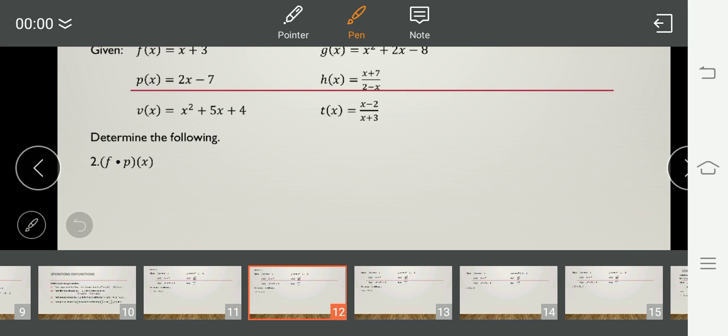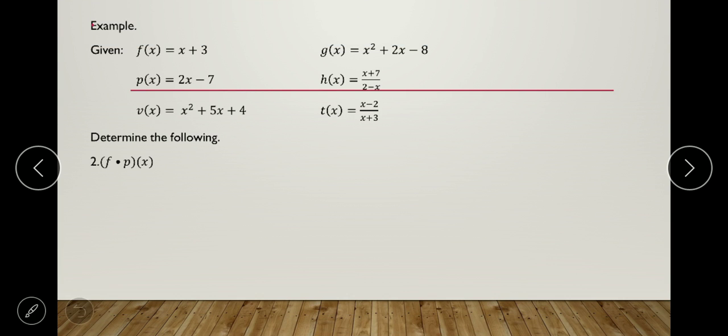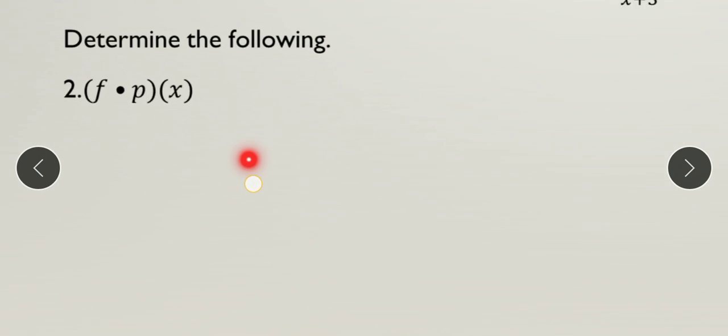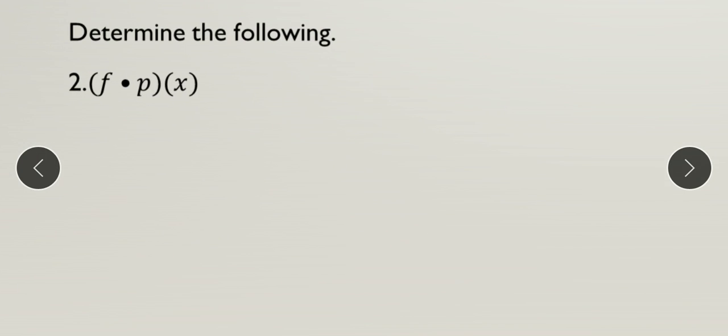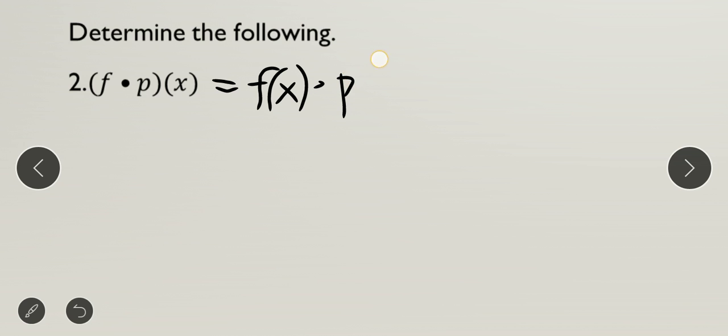Next example, we are going to get the product of the f and the p function. So in this case, this is just equal to f(x) times p(x).